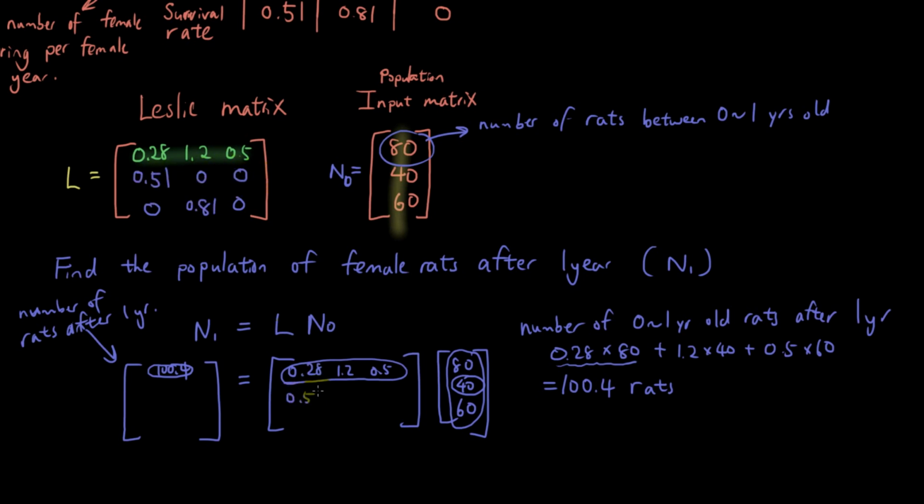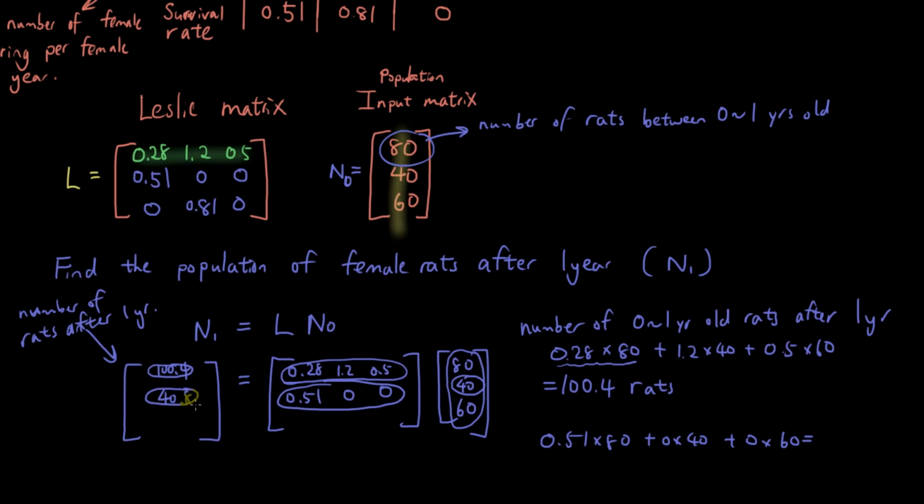So 0.51, 0, 0 for the Leslie matrix, and if you multiply the second row by this column, you write the answer in the second row, first column, and that will simply be 0.51 times 80 plus 0 times 40 plus 0 times 60. So 0.51 times 80 is 40.8. There will be 40.8 rats in the second age group.